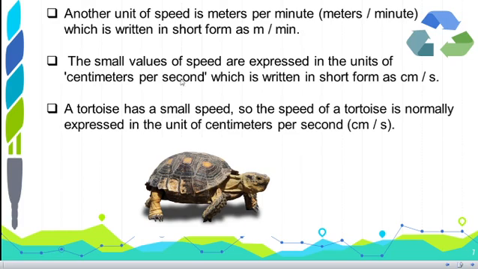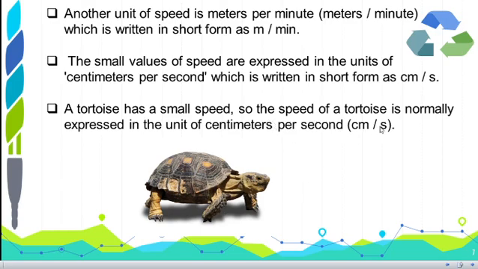The small values of speed are expressed in the unit of centimeter per second, which is written in short form as cm per second. For example, a tortoise has a small speed, so that it can move slowly. Already you know the story of the rabbit and the tortoise.